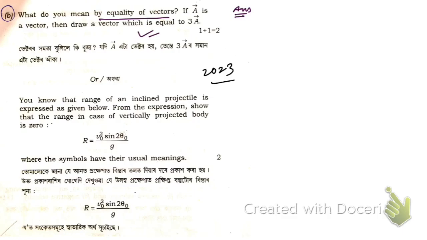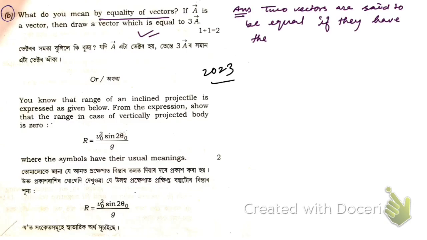Two vectors are said to be equal if they have the same magnitude and the same direction. Then two vectors will be called equal vectors.